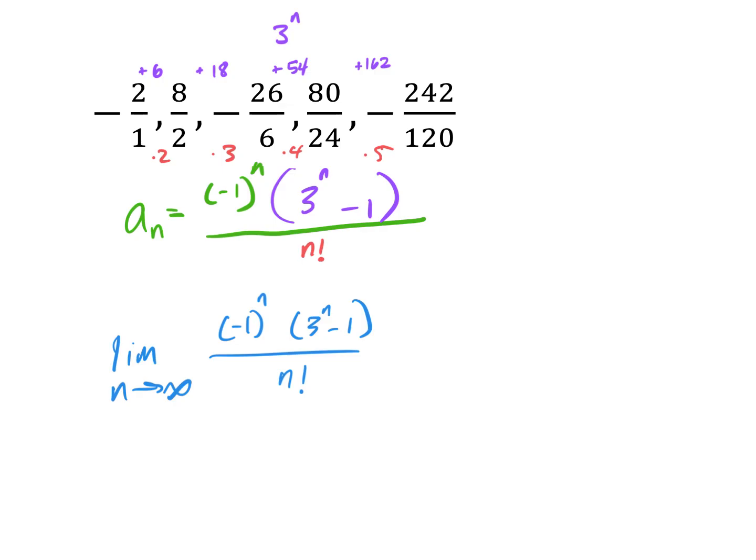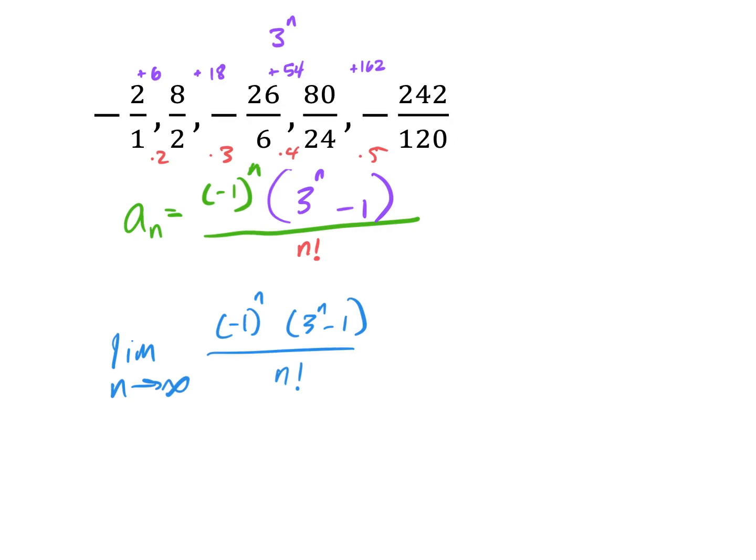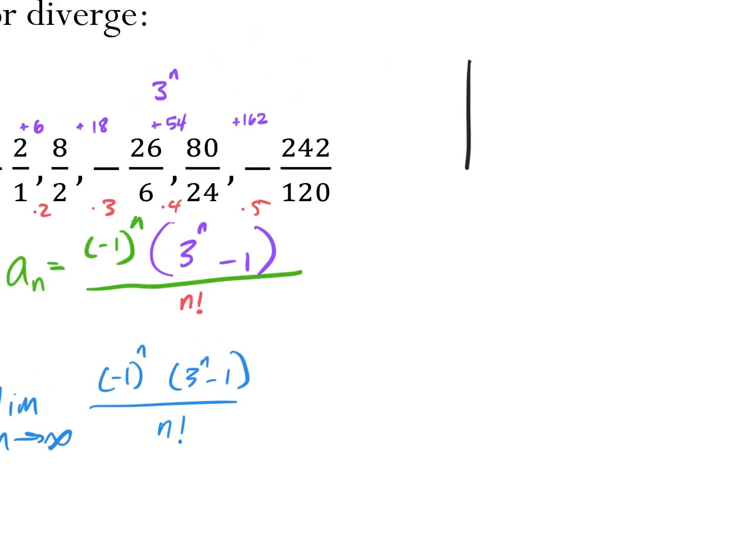Because imagine I'm taking this limit and I'm alternating from positive to negative to positive to negative to positive to negative. It could still converge if it's converging to 0. Is everybody seeing this? Okay, so we have to be really, really careful. Just because it's alternating doesn't mean it doesn't converge.